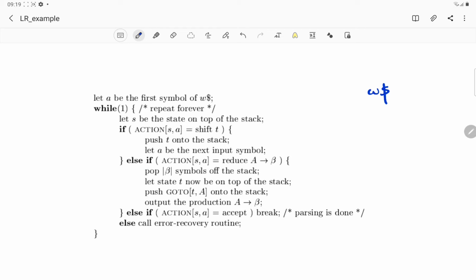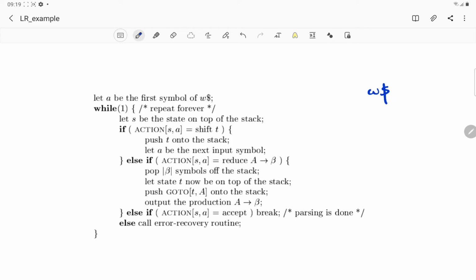Else if action of S comma A is equal to reduce A gives beta, pop the length of beta. Beta is a grammar symbol string, so we compute the length of beta and pop that many symbols off the stack.